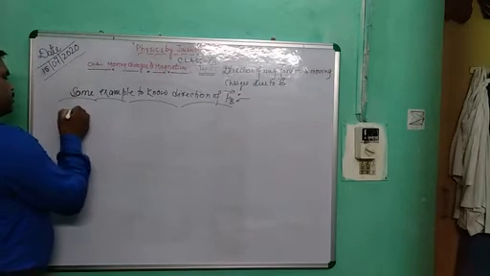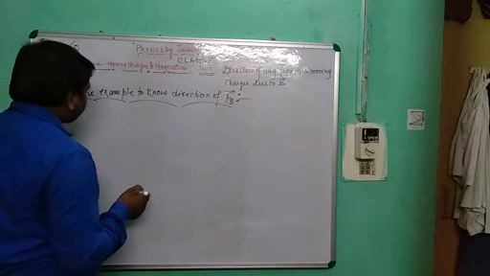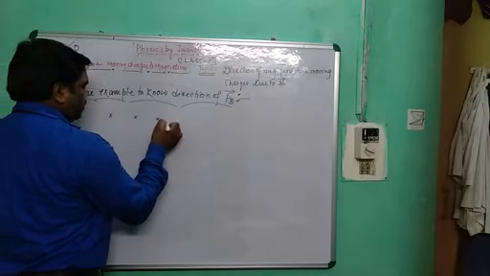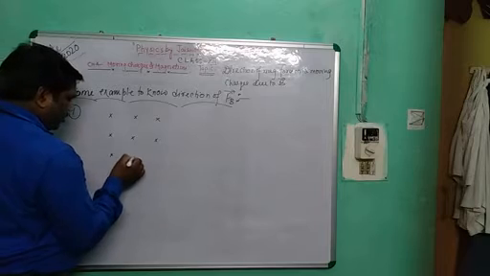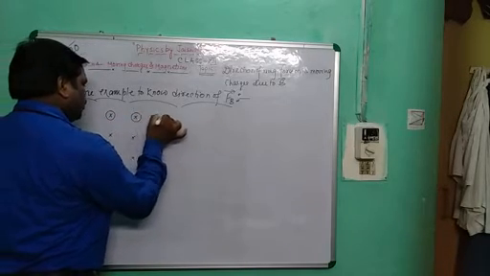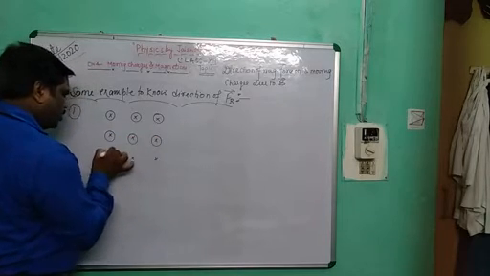So let us take the first example. Suppose this is the direction of uniform magnetic field. You know about this symbol.